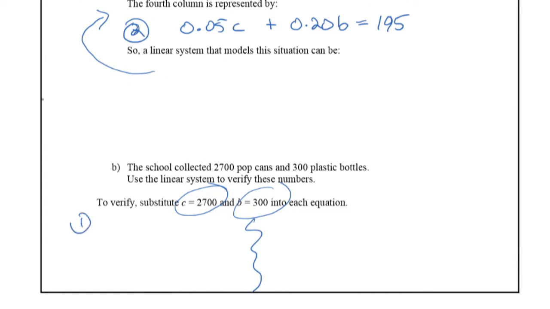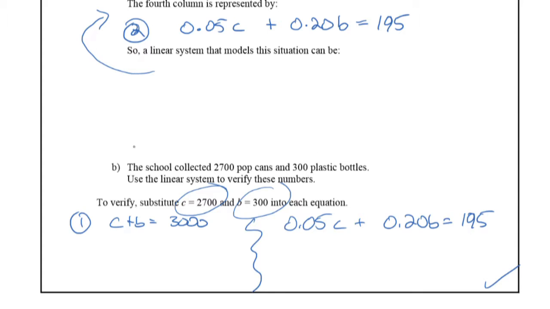So you're going to have equation 1, C plus B is 3,000, and equation 2, 0.05C plus 0.20B is 195. I'm going to substitute C and B in. I'm going to see if I get check marks at the bottom for both, and that way I know that the solution is right. I'm not going to substitute those in and do the math, just because you guys are experts at that already.